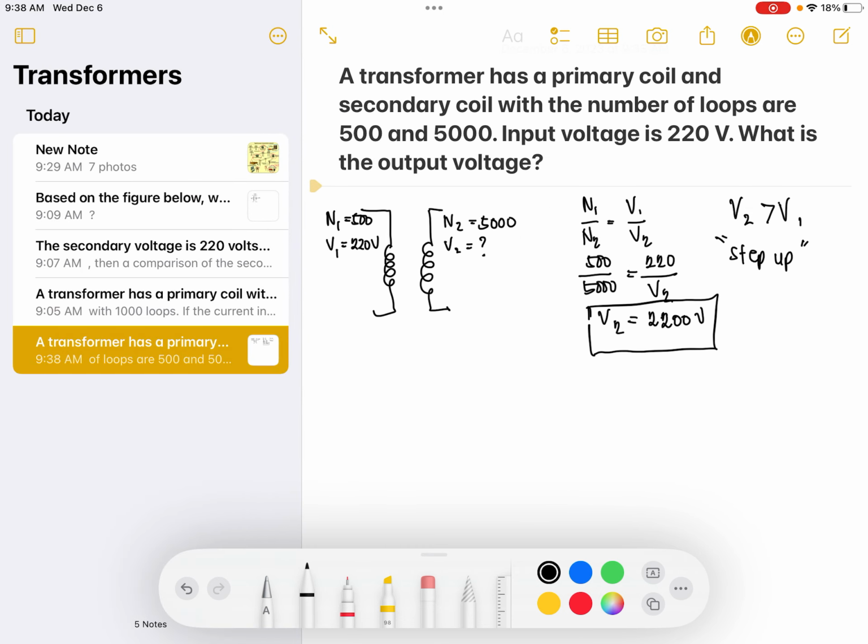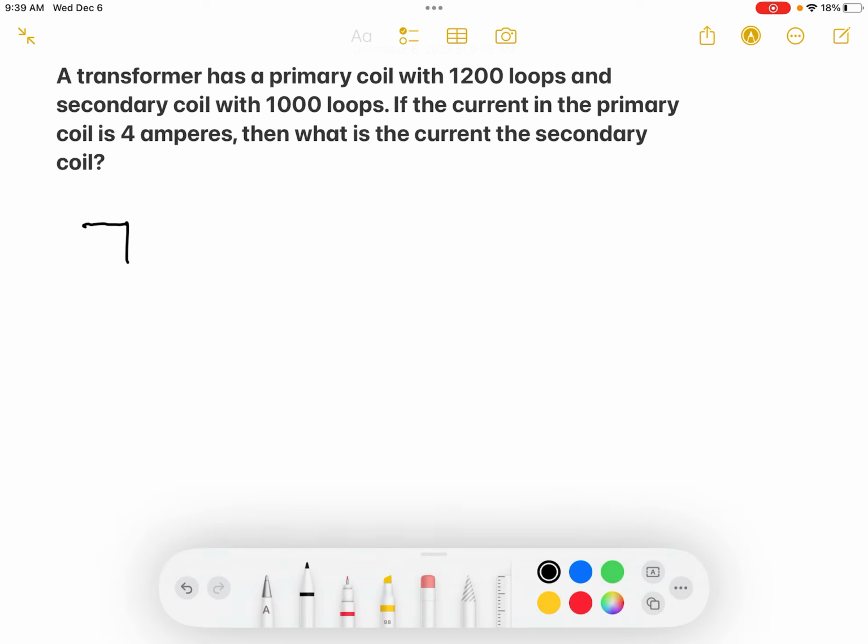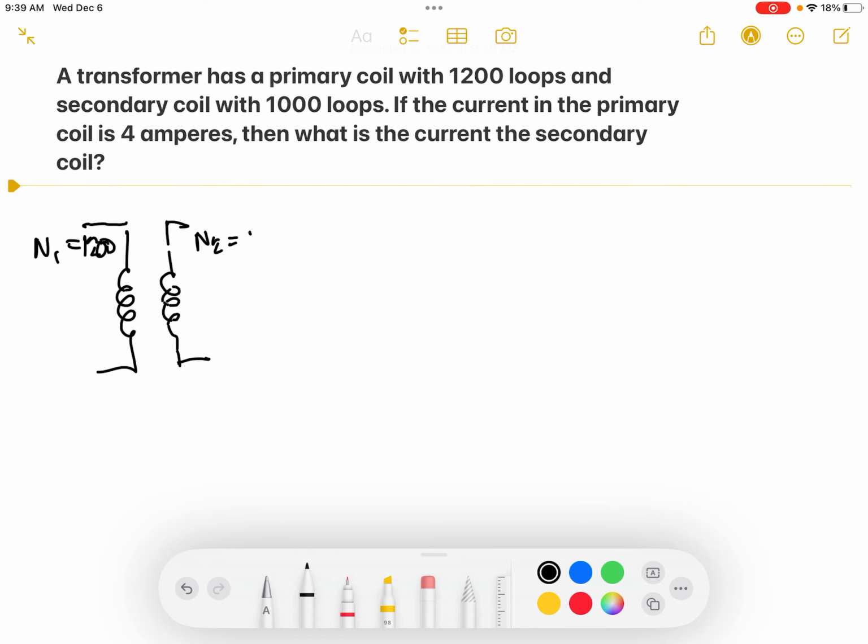Okay, next problem. A transformer has a primary coil with 1,200 loops and a secondary coil with 1,000 loops. If the current in the primary coil is 4 amperes, then what is the current on the secondary coil? We have N1, 1,200. N2 is 1,000. Primary current.